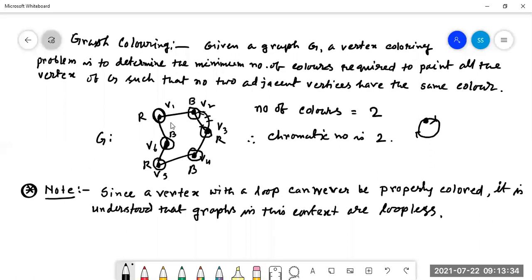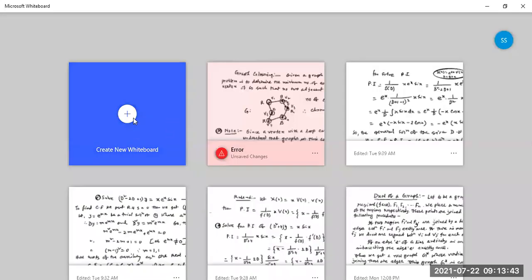Now we are going to give the definition of chromatic number. Already I have told you what the chromatic number is. Now we are going to define it.